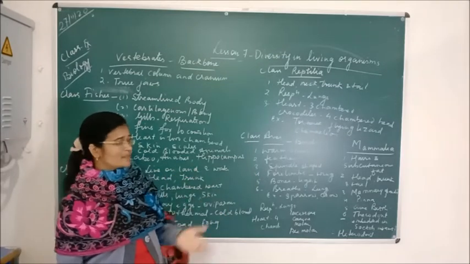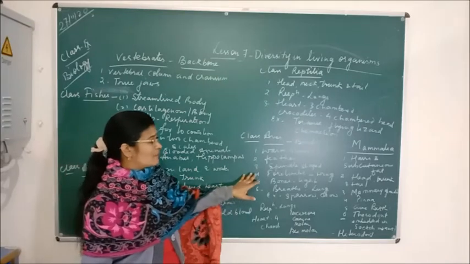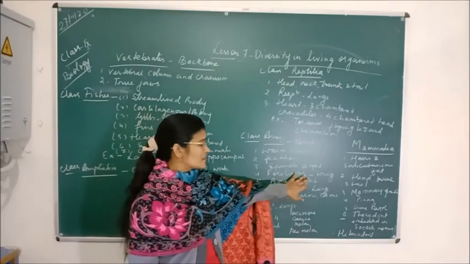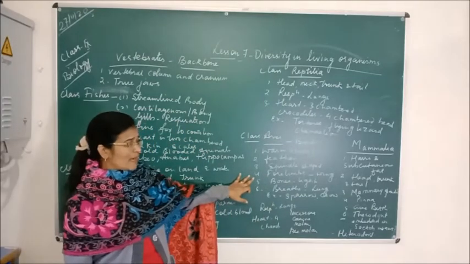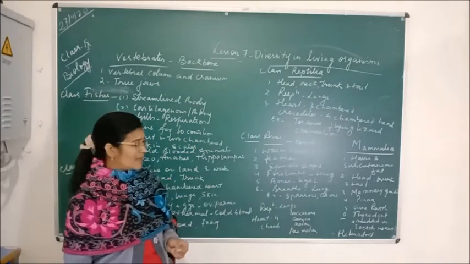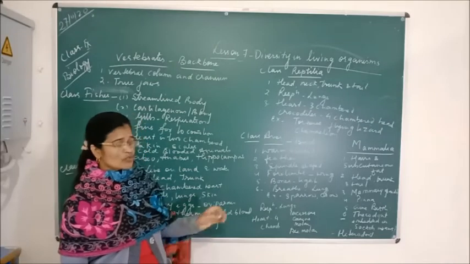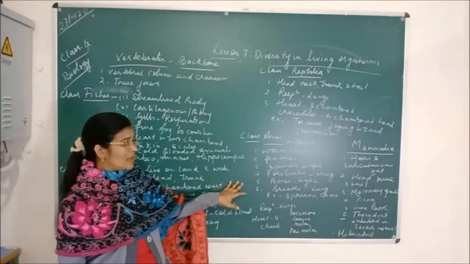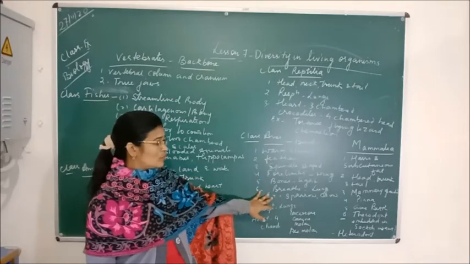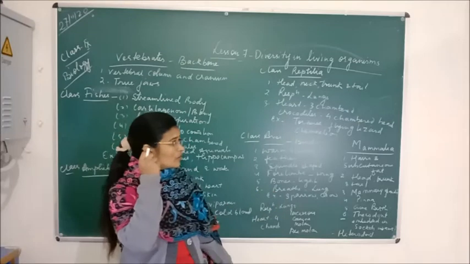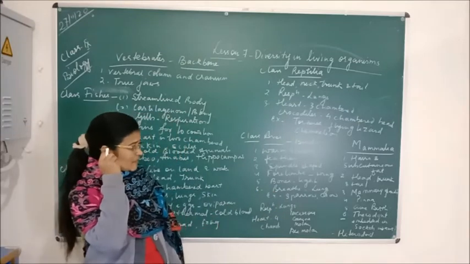That's why they can fly easily in the air. Their forelimbs are modified into wings, and the bones are very light. Because of the light bones they are able to fly, and birds breathe through the lungs. Sparrow, crow, pigeon all belong to the birds.